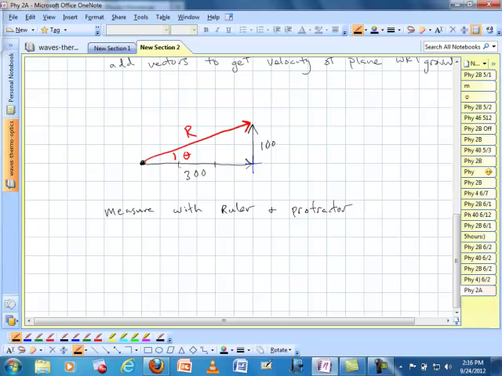So if you're careful, and you draw nice and neatly and you make the scale large enough, you can get pretty darn close by using your protractor and your ruler. Okay, I think you're going to do that in lab this week. And you can see you get pretty close.